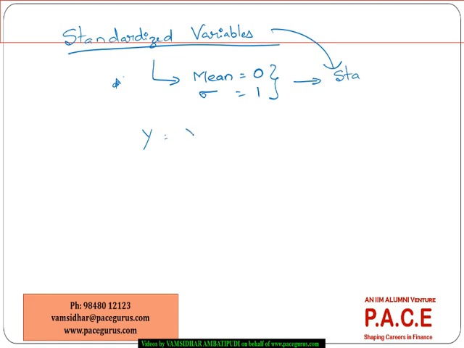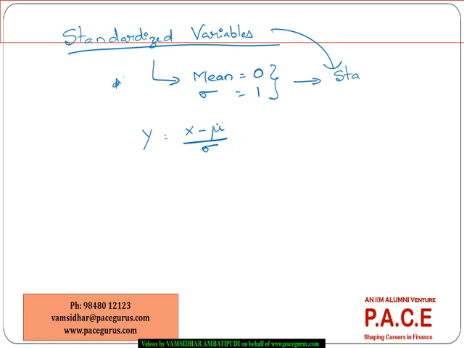For every observation, I subtract the mean and divide the resulting value by the standard deviation of that data. We are creating a new random variable whose mean is 0 and whose standard deviation is 1.